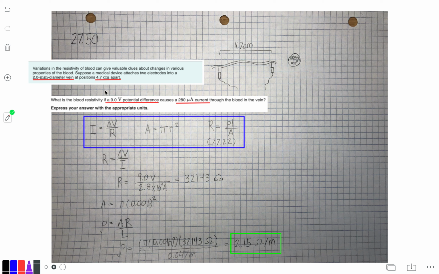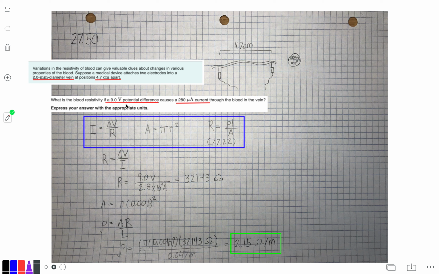So in this problem, we have to take into account chapter 27.5 of our textbook, which talks about current and resistance. In this problem, we are pretty much trying to find what the resistance of the blood is inside of the vein.